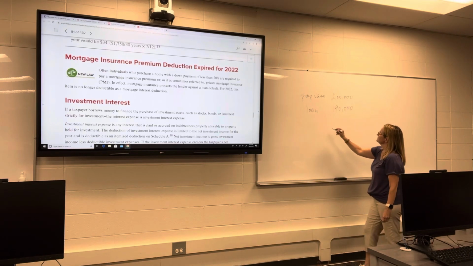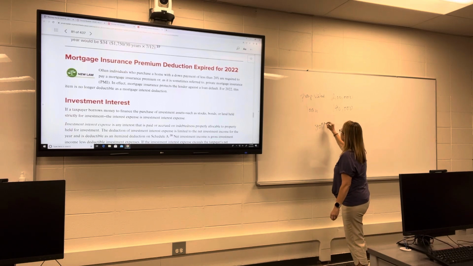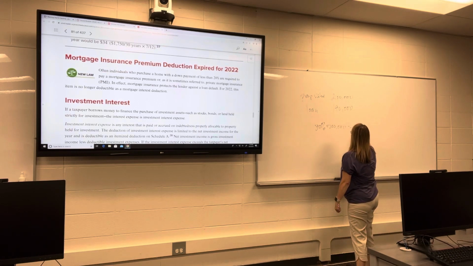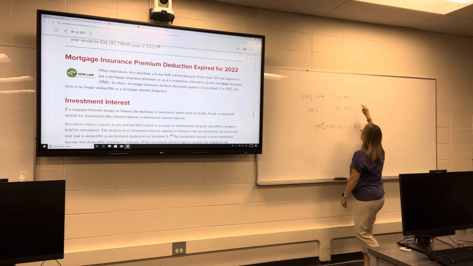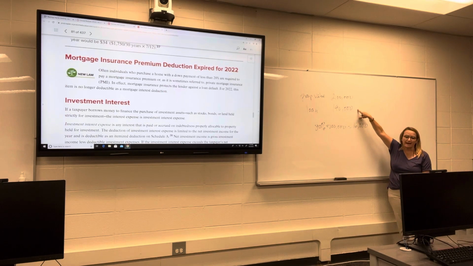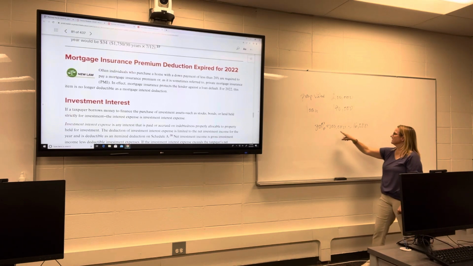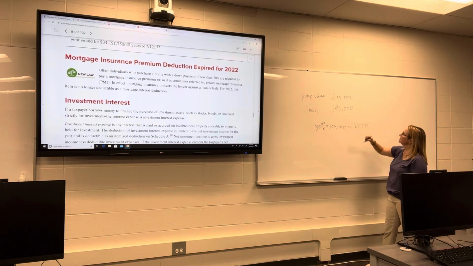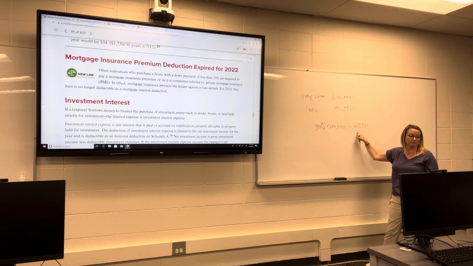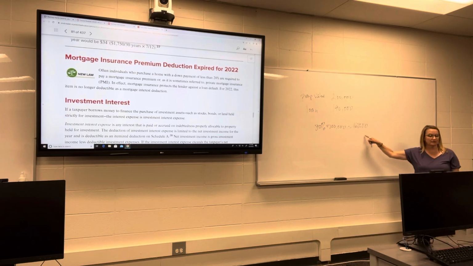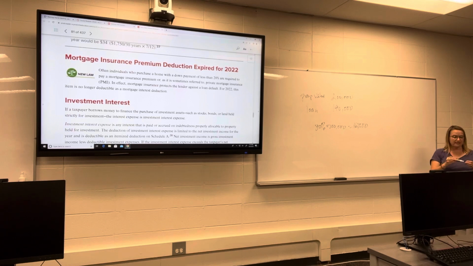Well, 80% of $200,000 is $160,000. So they've only put $10,000 down. In order to get under 80%, they should have put $40,000 down, but they weren't able to. They didn't have the funds to put down a $40,000 down payment.